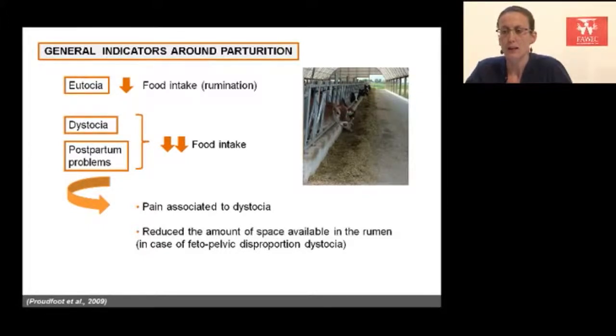So the idea is that a dramatic decrease in food intake can show us that this parturition is more painful than the normal ones. Apart from pain, there is in cattle another explanation: in the case of fetopelvic disproportion dystocia, this kind of problem can reduce the amount of space available in the rumen.